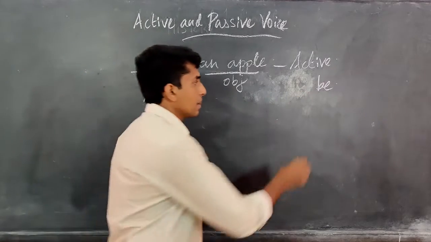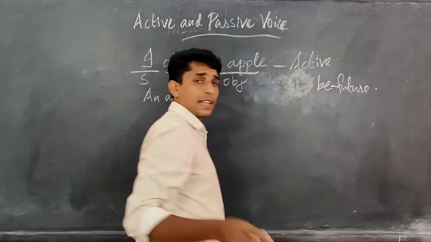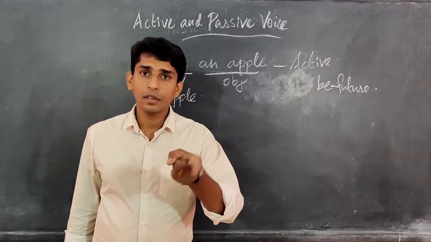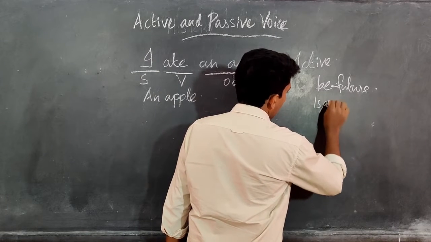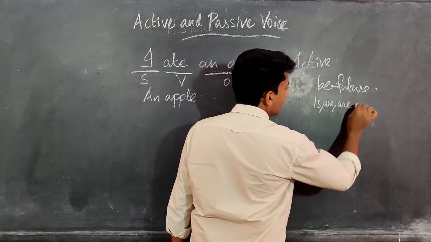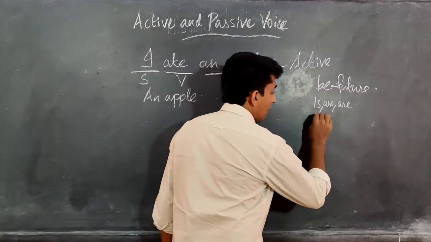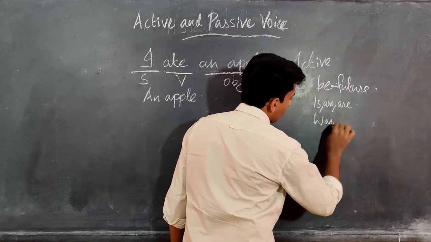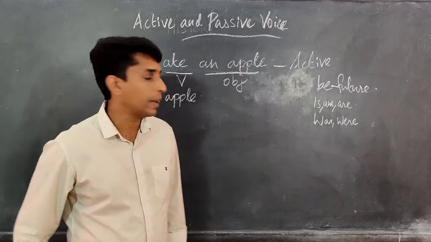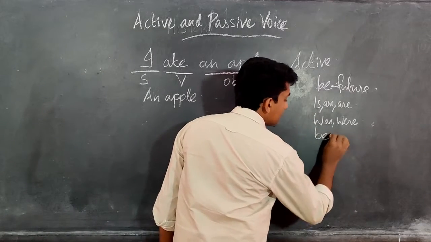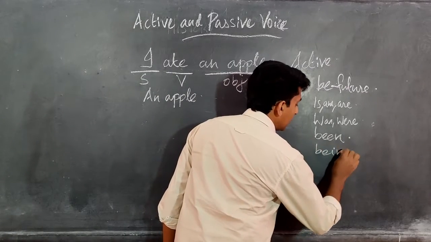Which are the be forms? Be is used in future tense, I will be coming. So what is the present form? Is, am, then are. These are the present forms of be. Past forms are was or were. It also has a perfect tense form, that is been, and a continuous tense form, that is being.